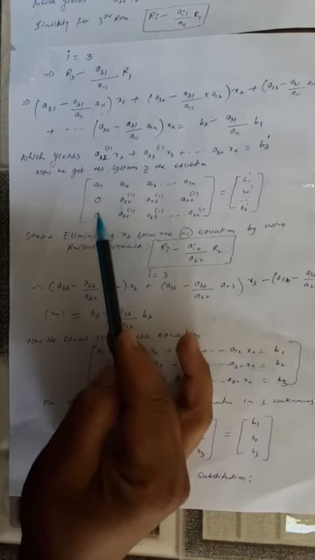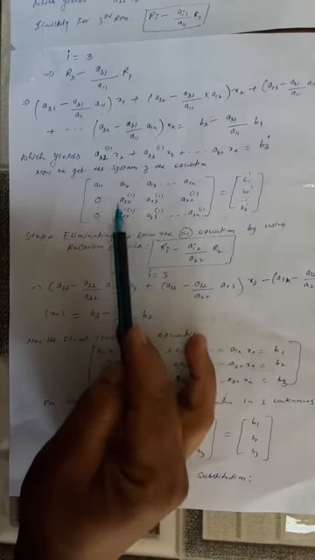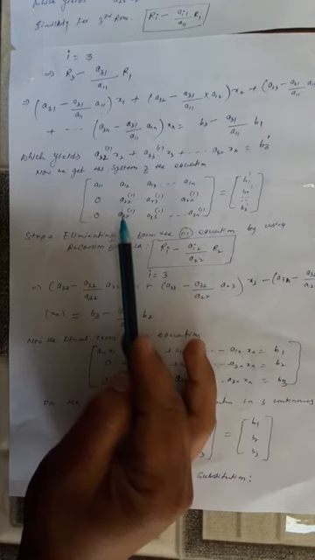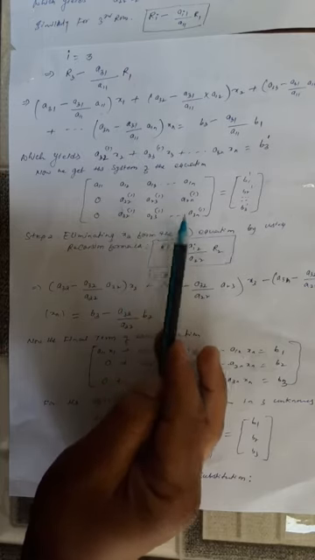All the elements which lie below the principal diagonal are 0. Then by backward substitution we can find the solution.